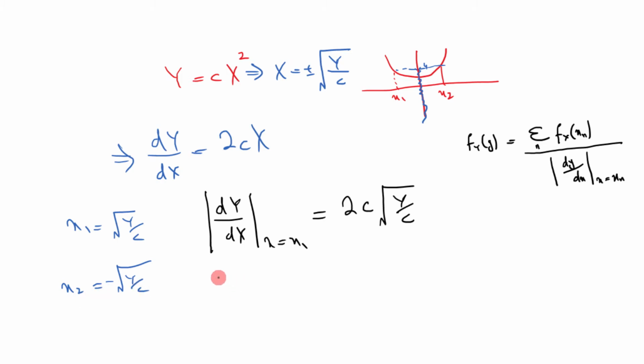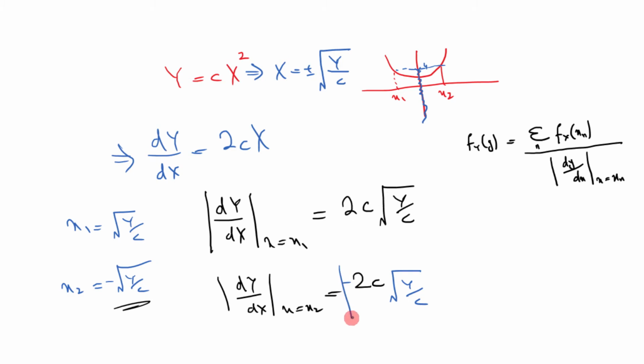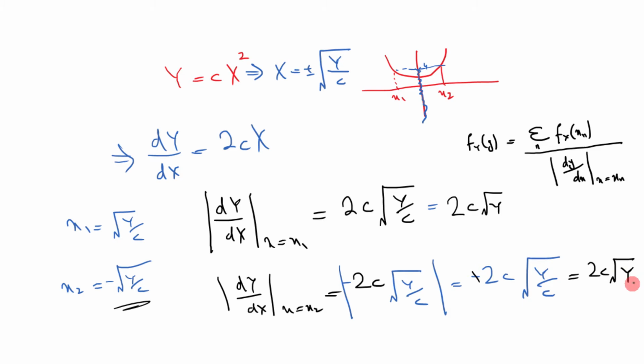Similarly, for x2, dy over dx at x is equal to x2, we have 2c into x2, which is minus under root y over c, and because we have a magnitude here, this will be equal to 2c under root y over c. Rationalizing this under root c, we will have 2 under root cy in both cases.